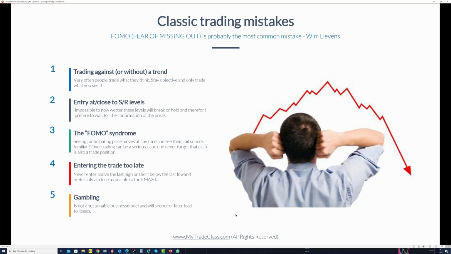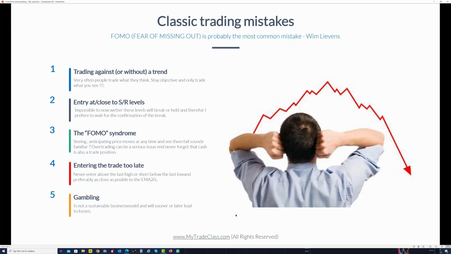What people also do sometimes is follow signals but enter close to very important support and resistance levels. This is too much risk. Why? Because these support and resistance levels could, at least temporarily, block the move. So it's something to watch.